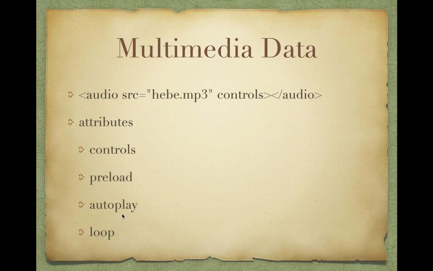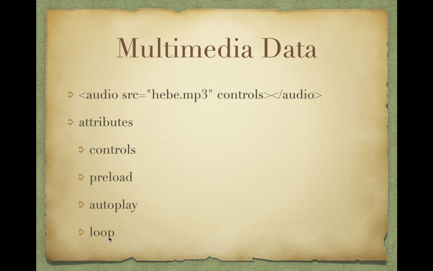Autoplay means when the browser interprets the audio tag, it will start to play the music without a click. You don't need to click any button. The music will start to play, which means autoplay. And loop means after the music finishes playing, it will restart again.